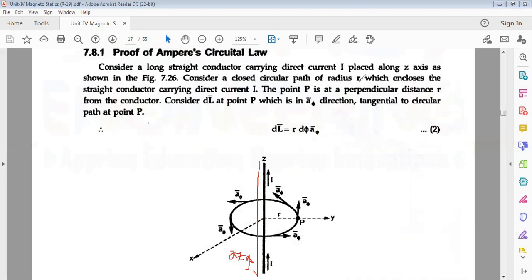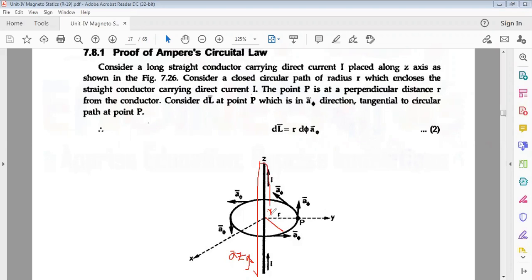Consider a circular path of radius R from the origin. Consider a closed circular path of radius R which encloses the straight conductor carrying direct current I. The point P is at a perpendicular distance R from the conductor.